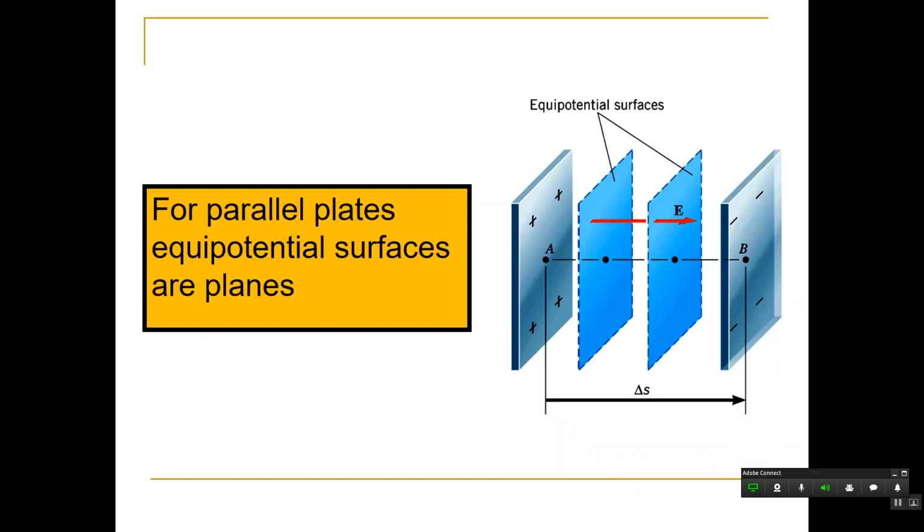For parallel plates, the equipotential lines are just plates, or surfaces in between those two plates, similar to what I have here. So, for example, there are going to be electric fields that go in this direction, and the only thing perpendicular to that at all points would be another surface, basically parallel to one of the plates of the parallel plate.